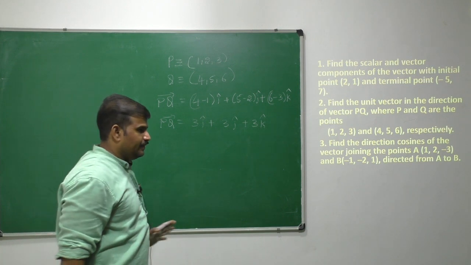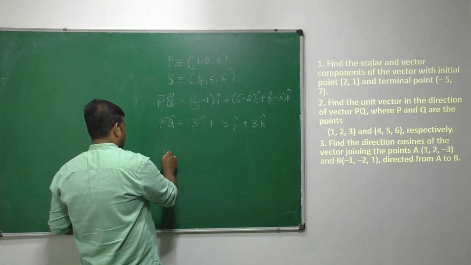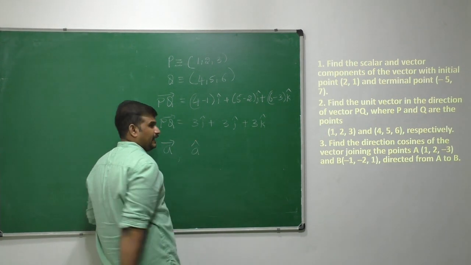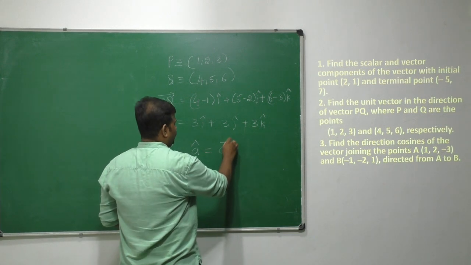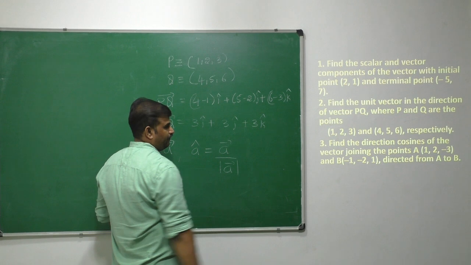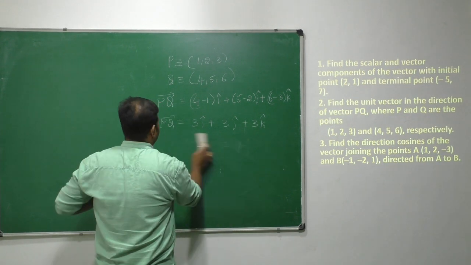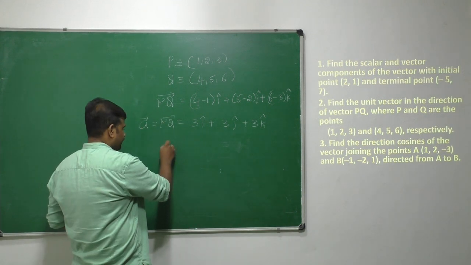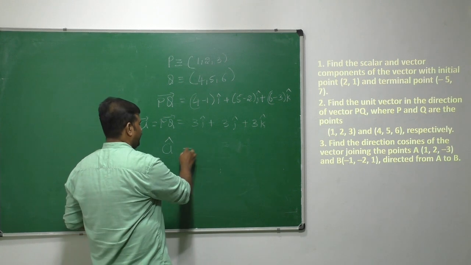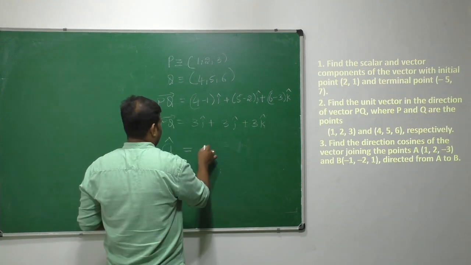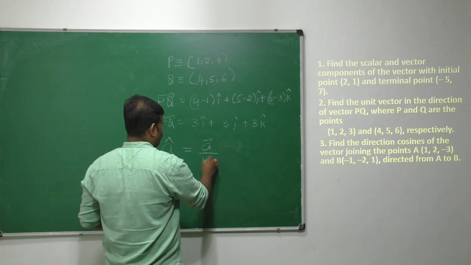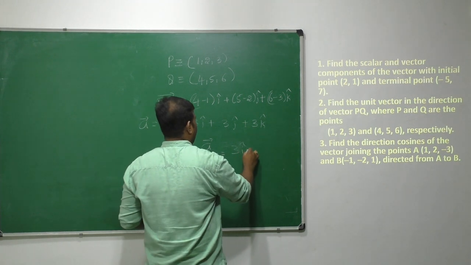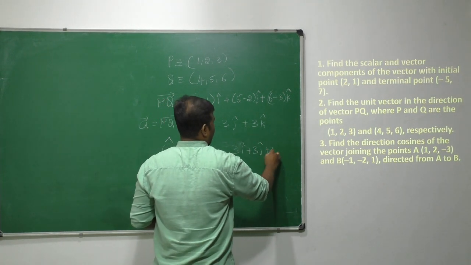Generally, the unit vector along A is denoted as A cap, and the definition is vector A divided by magnitude of vector A. So the unit vector in this direction is A cap, equal to vector A divided by magnitude of vector A. Here vector A is 3 I cap plus 3 j cap plus 3 k cap.